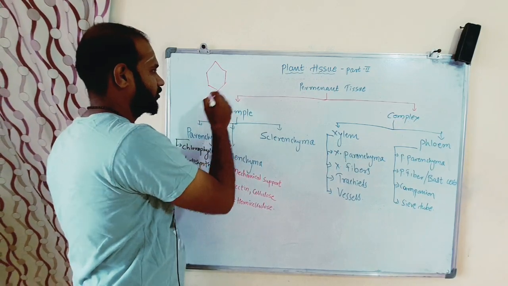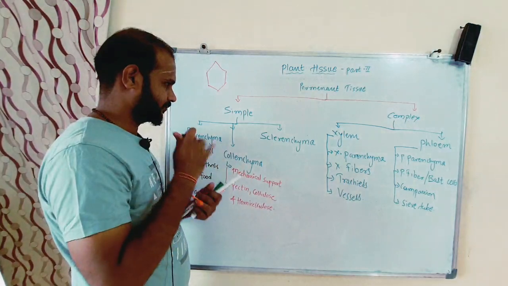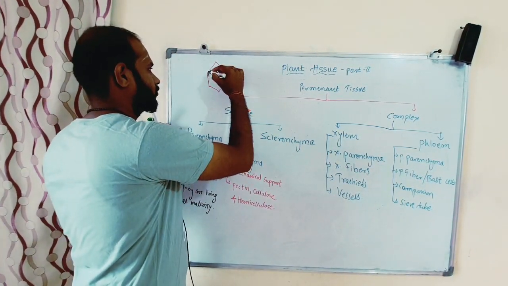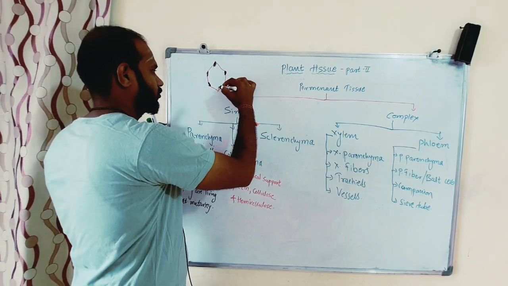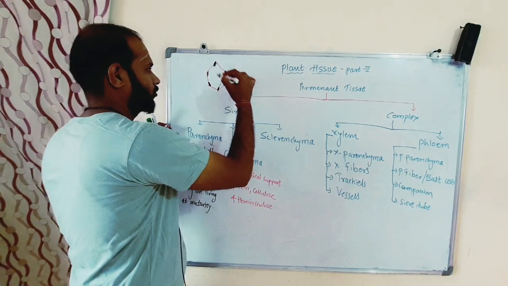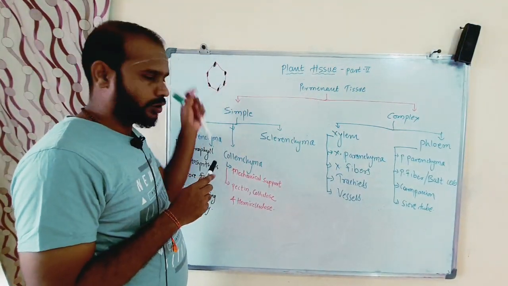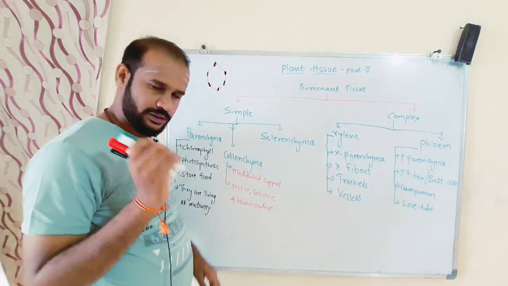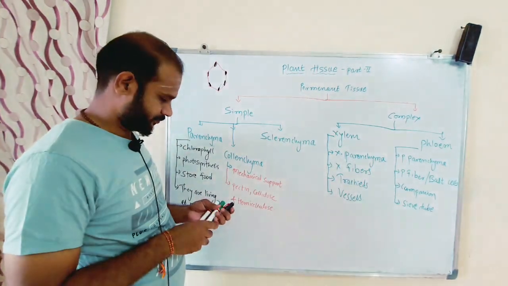If this is a cell, they are deposited like this on the corners. Okay, so they block that area but not all over the cell. That's why the transport is still possible, but it helps in giving mechanical strength to the plant.